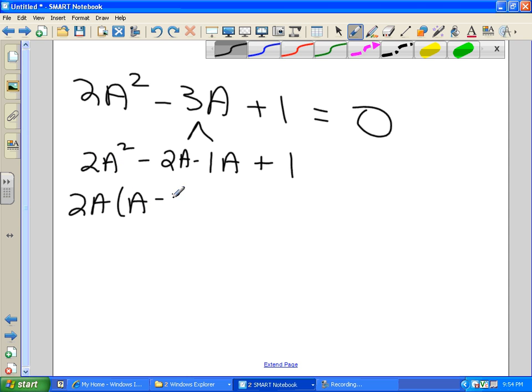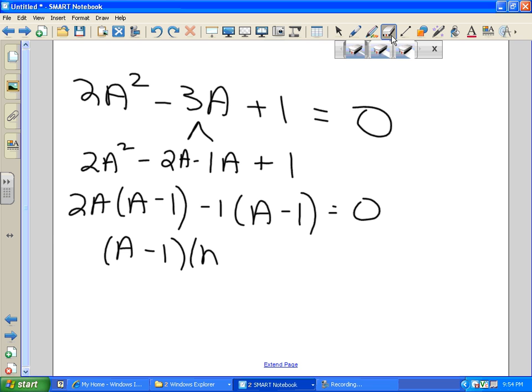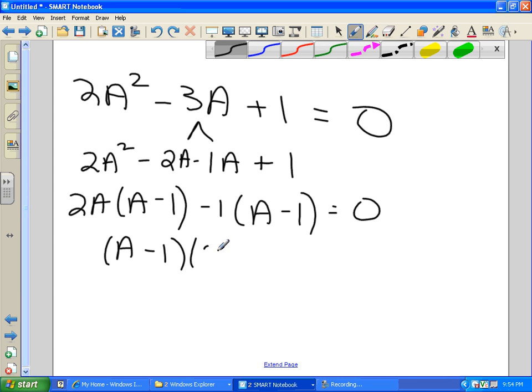That'll leave me 2a times a minus 1. And then factor out a negative 1. So that'll leave me with a minus 1. And so now we'll have a minus 1 times 2a minus 1. So we'll get a to be 1, and then a to be a positive 1/2.